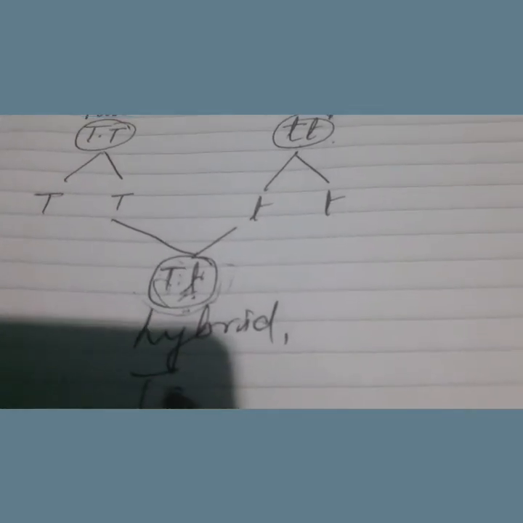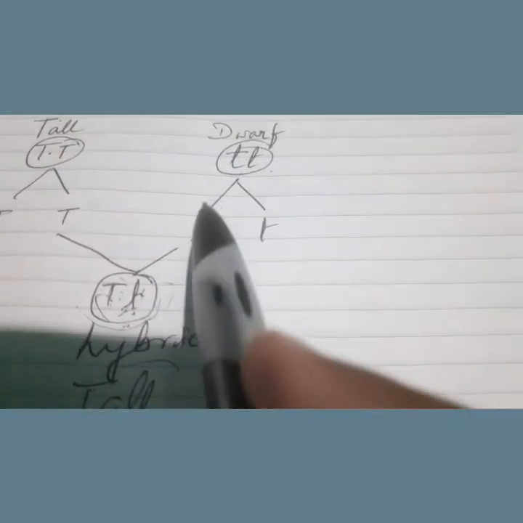The hybrid that is produced is called tall. So tall is the dominant character, and small t, that is dwarfness, the allele of the dwarfness does not appear in the hybrid, so it is the recessive character.